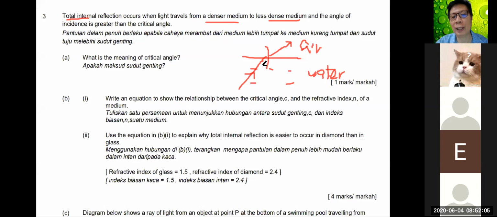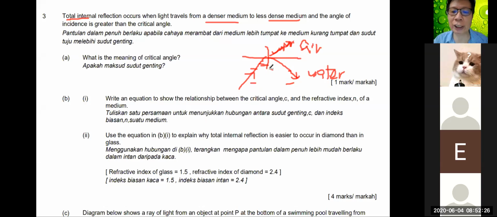Normal is like that, refraction. But when this angle is big enough, so what happens? The light will never go out here. This one never happens. So we get reflected internally. Okay, so this is total internal reflection. So it will reflect inside the water. Total internal reflection.